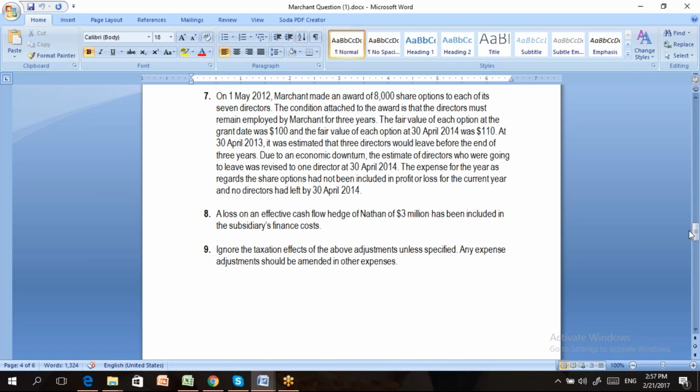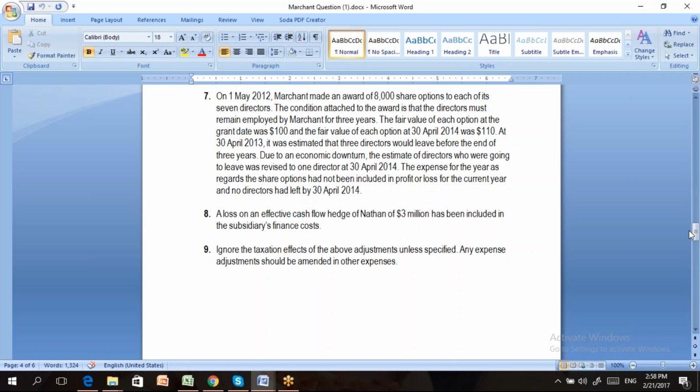Where should it get included? It should be in the OCI, shouldn't it? OCI, you are right, exactly. So my 5 plus 6 plus 2 should get reduced by 3 million. My finance cost must get reduced by 3 million.